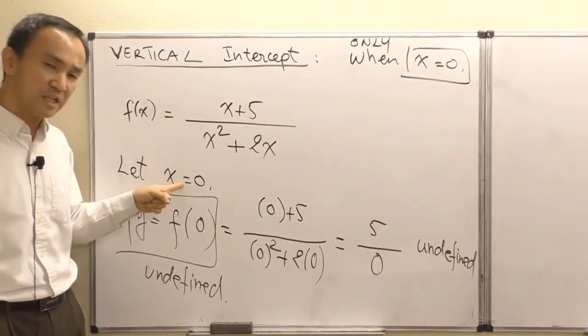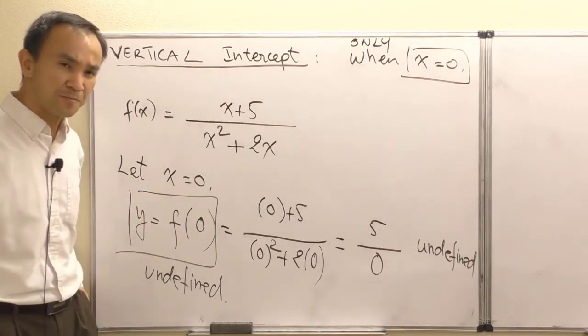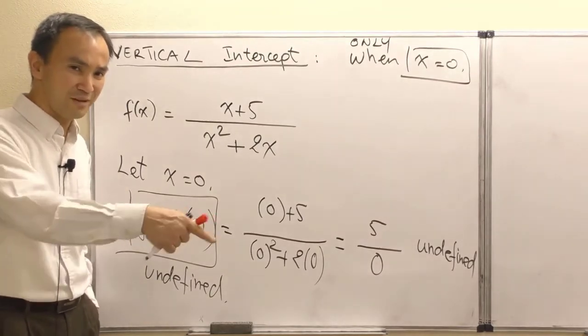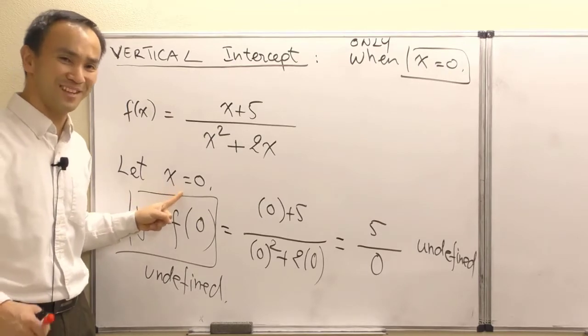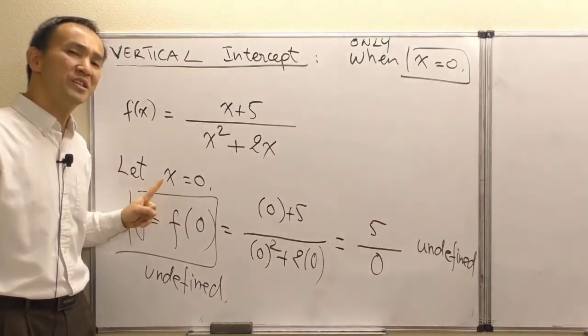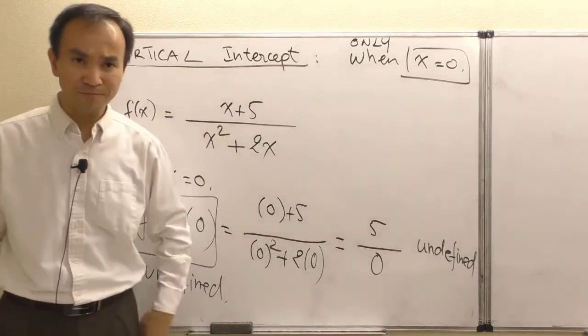Indeed, when we substitute this into the function, we ran into an undefined value. The step I was missing compared to the demo problem I did earlier is that I purposely forgot to double check this with the domain of our rational function.